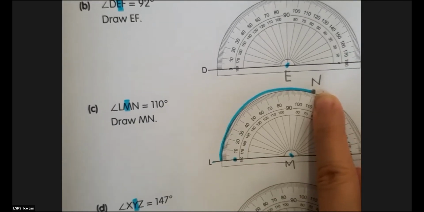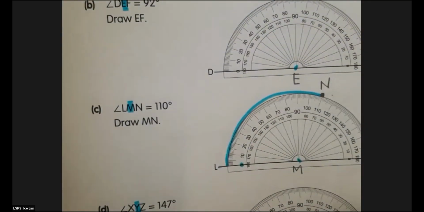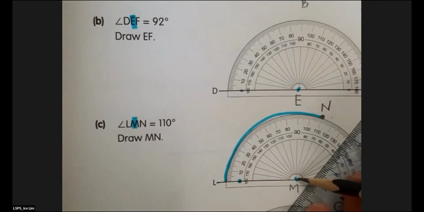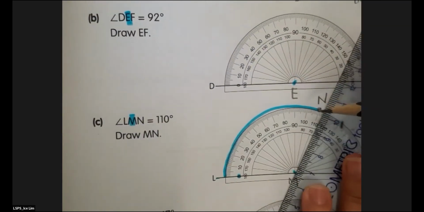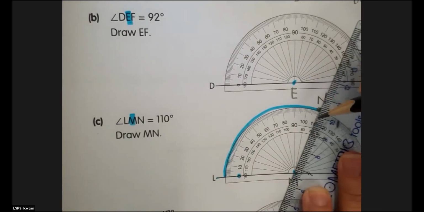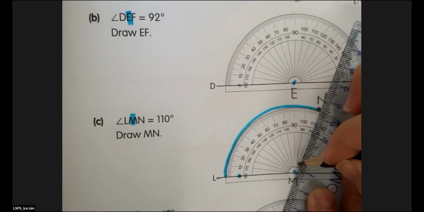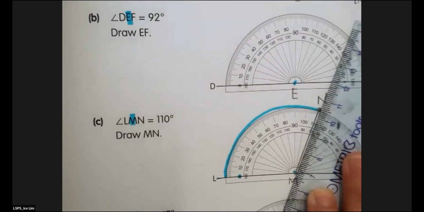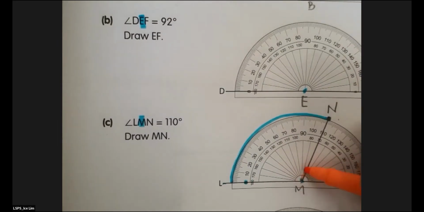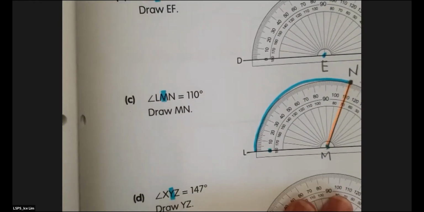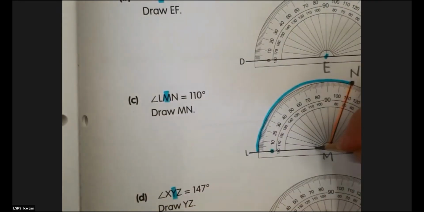This should be in capital letter N. Don't forget to mark up the line. Letter M, letter N, join the points together to form L, M, N. The turn is here.